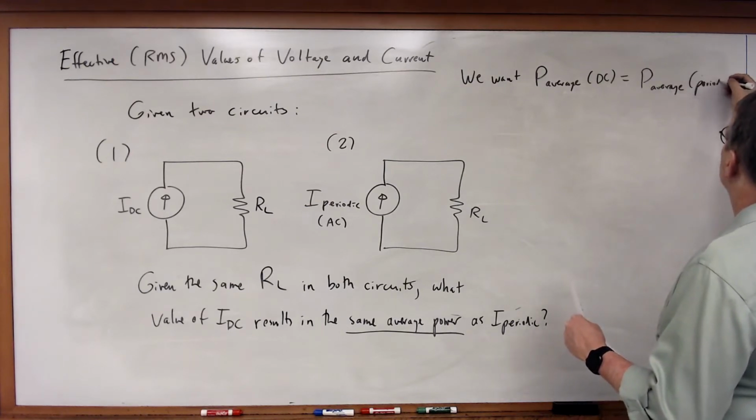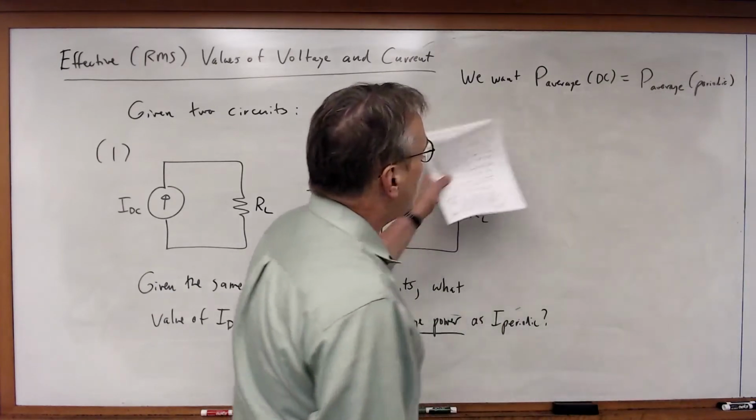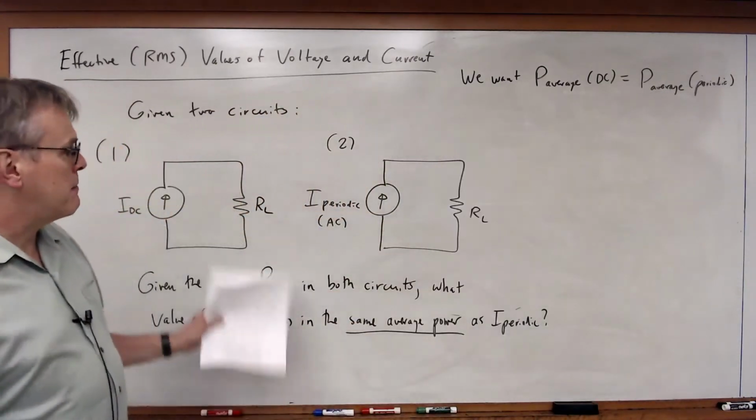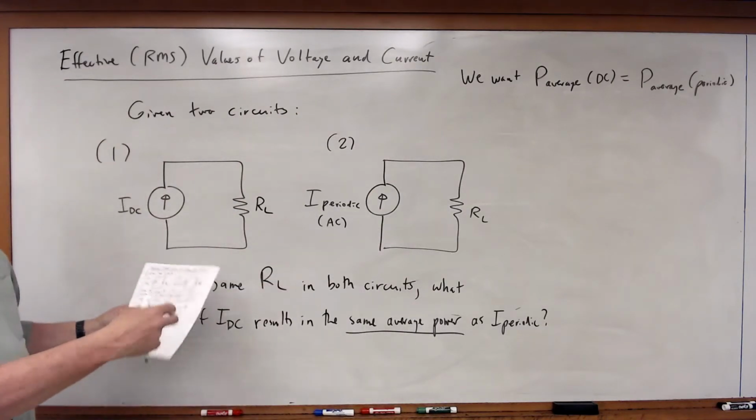And in this case, the periodic waveform, the AC waveform. We want those two average powers to be the same, generated by those two sources. Okay, let's write the equations.